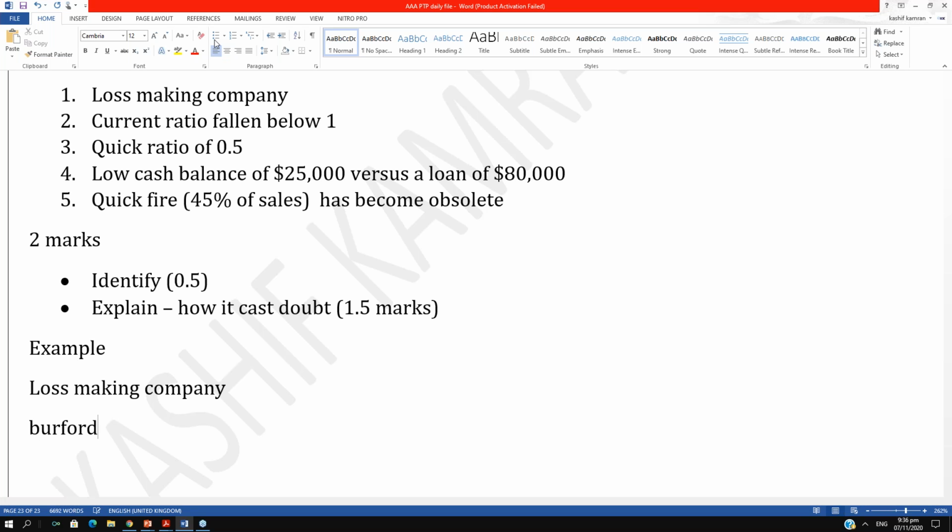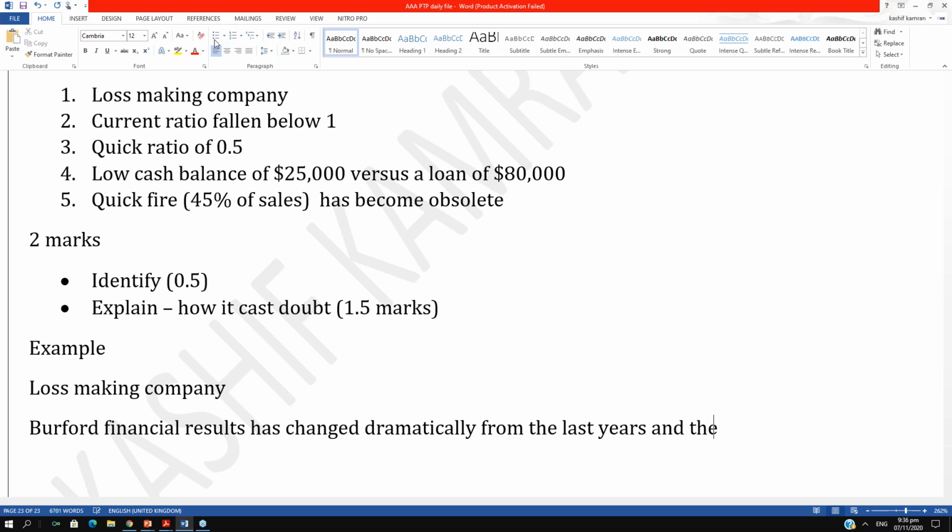Burford financial results have changed dramatically from the last year, and the company is now loss making.